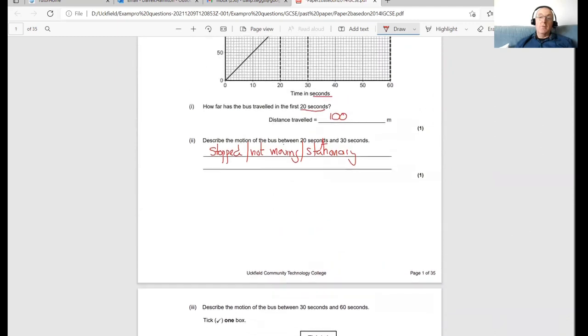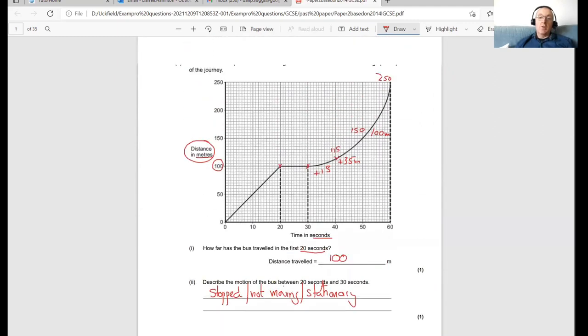So if we look at it from the point of view of a 2-mark question, describe the motion. Well, for 1 mark, it is moving because the distance is increasing with time. But that would be true of any line that you could draw between 30 seconds and 60 seconds.